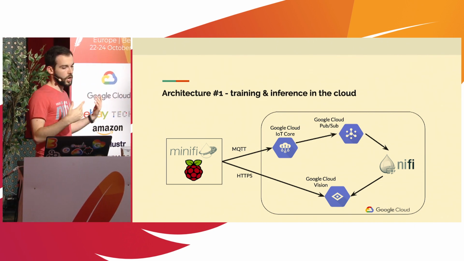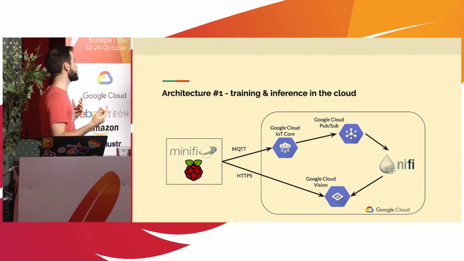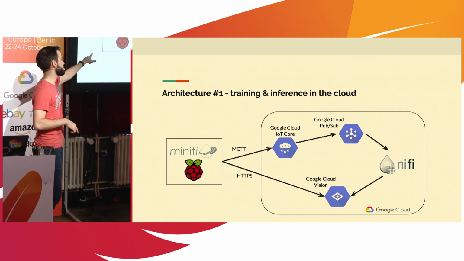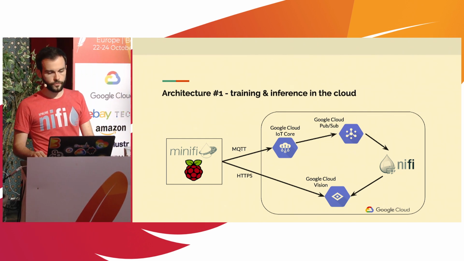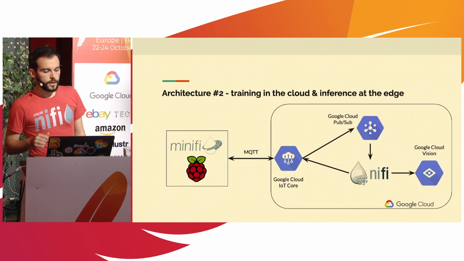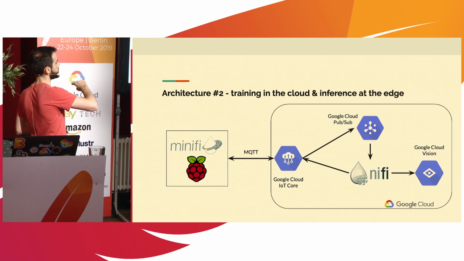It works. Obviously, we will see that it's not efficient, and it assumes that your MiNiFi is able to do an HTTPS call to Google Cloud, and most of the time, we don't want to do that. Second architecture, it's quite the same.